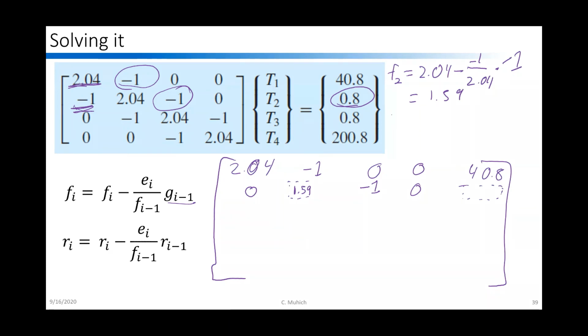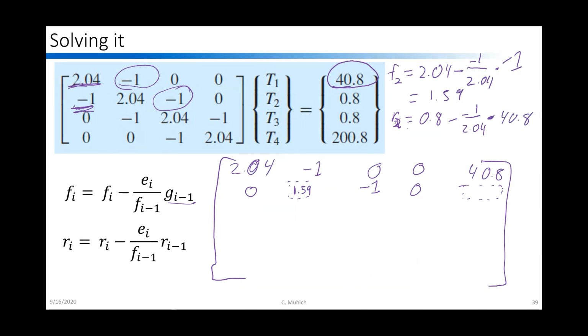So we're going to do the same thing. We're going to use the tridiagonal equation. So R2, for right 2, is going to be the old right 2, 0.8, and all this sort of stuff. So this negative 1, that's E1 over 2.04, that's f of i minus 1, and then we multiply that by the R value of that first equation, so that's negative 40.8.